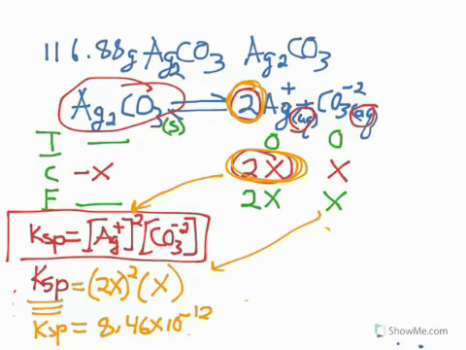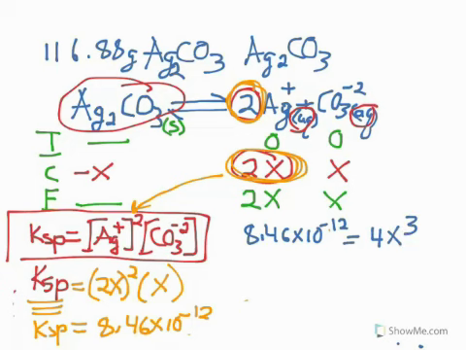Okay, so when I combine that, I get up here 8.46 times 10 to the minus 12th equals 4x cubed. The 4x cubed is coming from here. It's 2x squared times x.